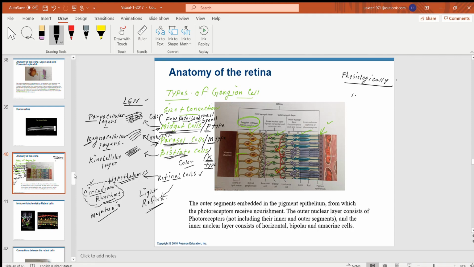Okay, one type is called on center off surrounding, and another type is called off center on surrounding. Okay, so those are two types of ganglion cell.